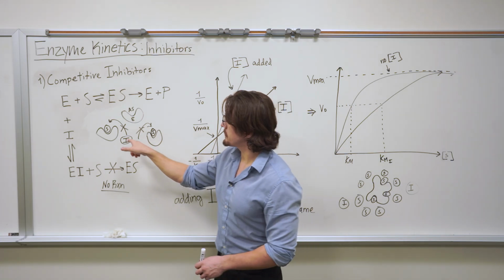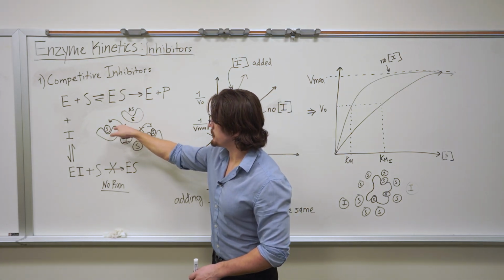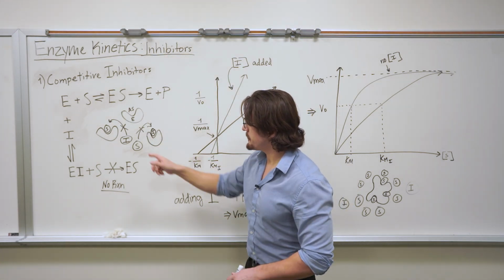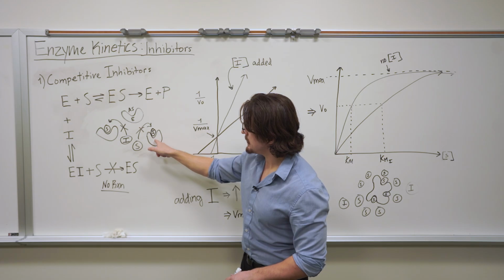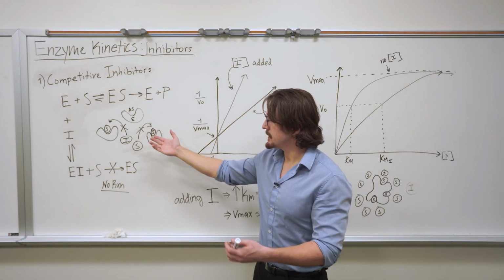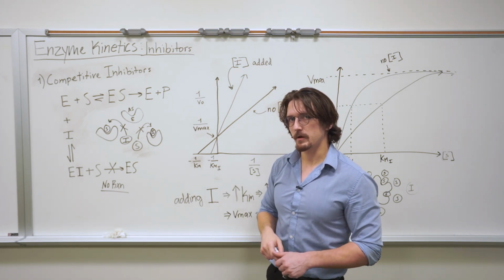And in that situation, if we have a competitive inhibitor, that competitive inhibitor I is not able to bind that same site since it's occupied. However, if that competitive inhibitor gets to that active site first, as denoted here, then that substrate is instead prevented from binding. Hence, these two are competing for that site, and that's why it's called a competitive inhibitor.